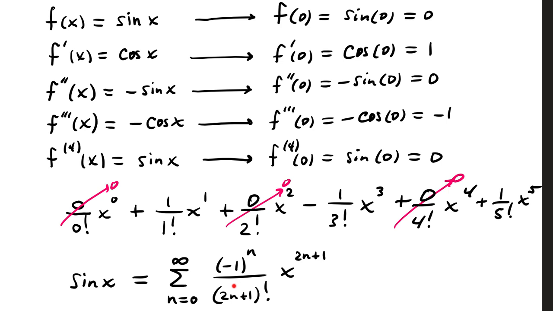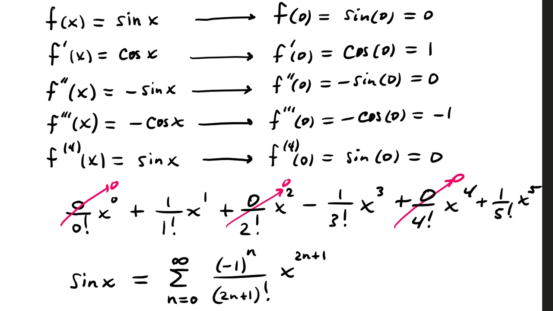If you double a number and add 1, it's always odd. When n is 0, 2 times 0 plus 1 is 1 factorial, and we've covered the 1 and the 1 factorial.